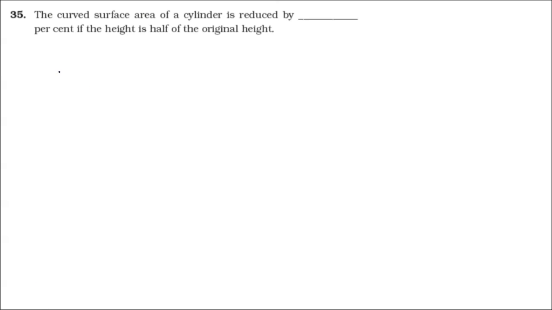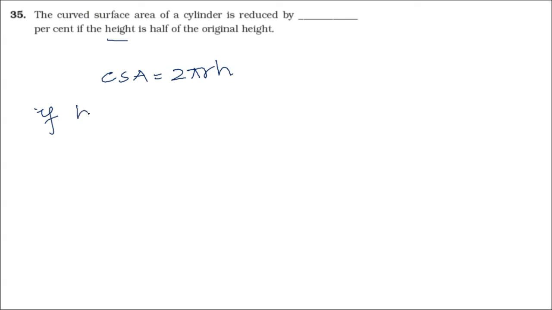Statement 35, the curved surface area of the cylinder is reduced by dash percentage if its height is half the original height. Like the previous question, let me consider h as the height of original cylinder. The curved surface area is given by the formula 2 pi rh.